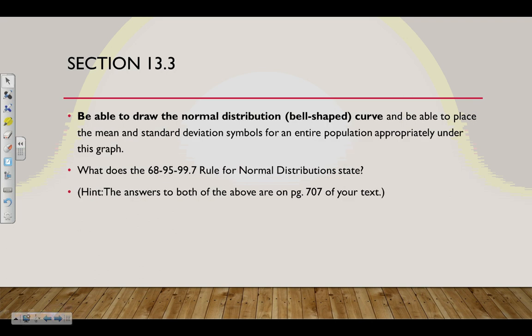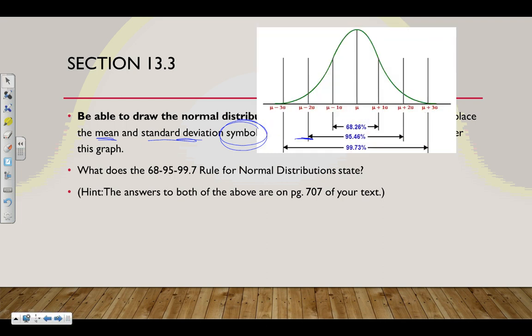Be able to draw the normal distribution bell-shaped curve and be able to place the mean and standard deviation symbols for an entire population appropriately under this graph. So what does that look like? It looks like this. The mean for an entire population has the symbol of mu. So you need to be able to put that symbol under the center of your bell-shaped curve because that is where your average or mean is.